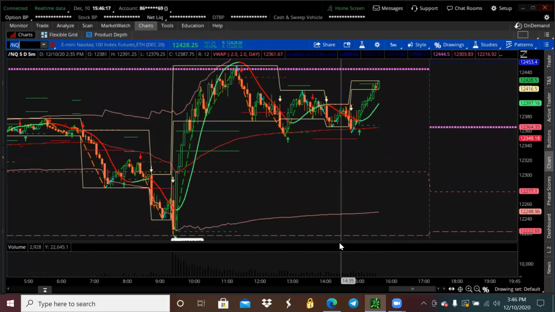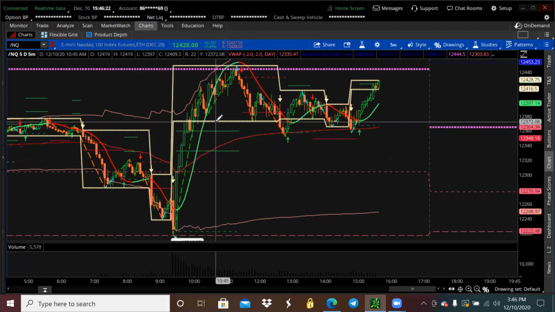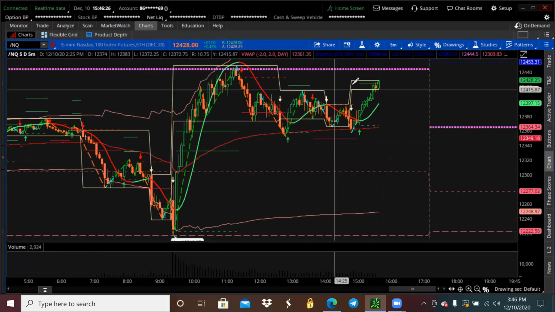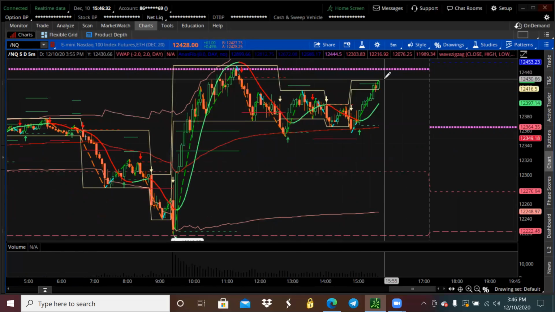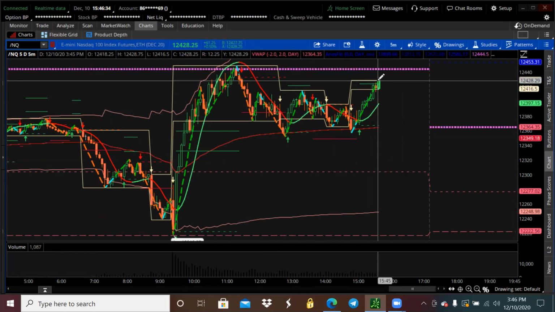I just pay attention to the actual boxes, which are these boxes right here. Those are important. See, we are passing here. I could have gotten 50 points in NQ back to back. We did get 50 points there. We could have gotten 50 points here if I was patient. Hopefully you guys are more patient than me.